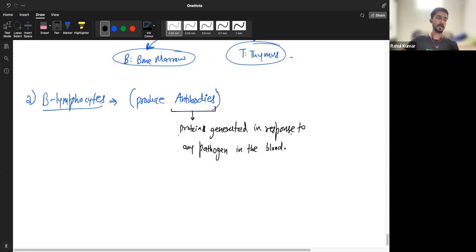So anything which is in the blood and is a pathogen, these B lymphocytes will sense it and will produce proteins against it, which will go and bind to it and help us fight them. Okay.